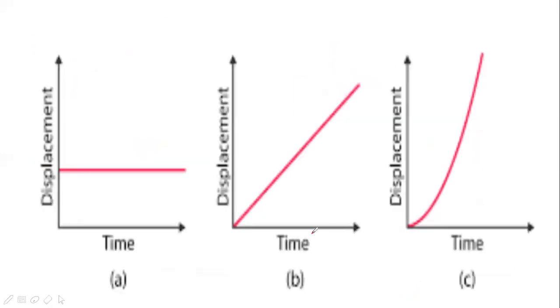When it is between displacement and time, it will give you velocity. When it is between distance and time, it will give you speed. Uniform speed, uniform velocity, variable velocity.